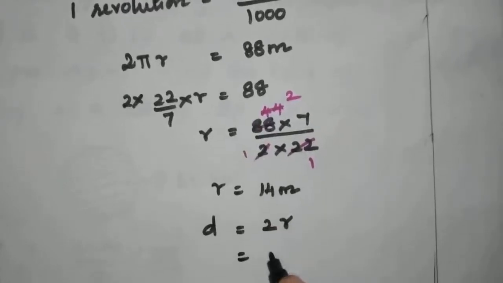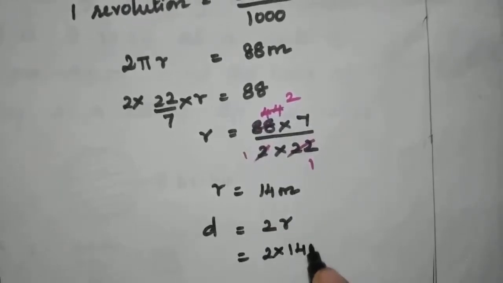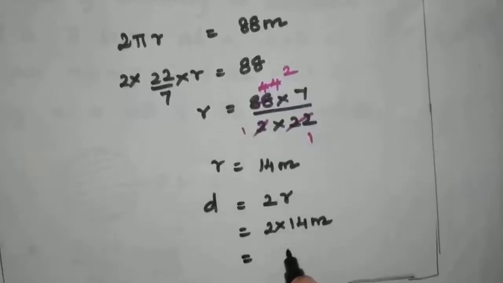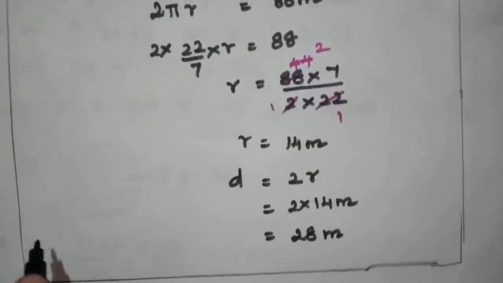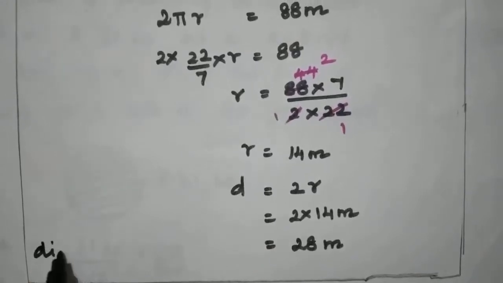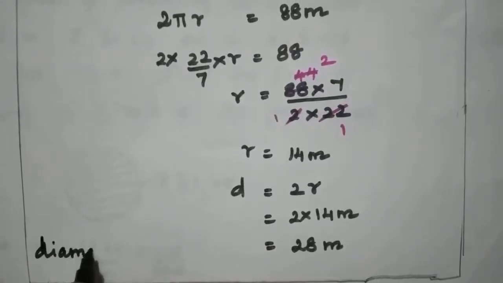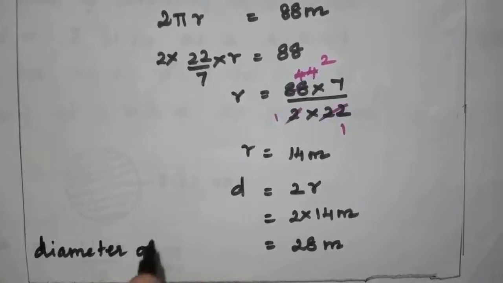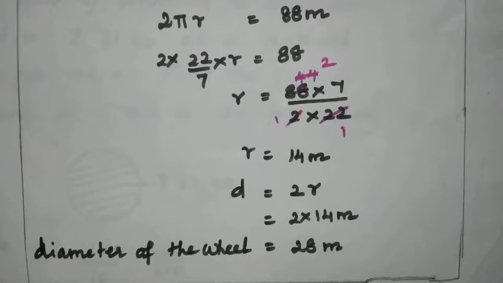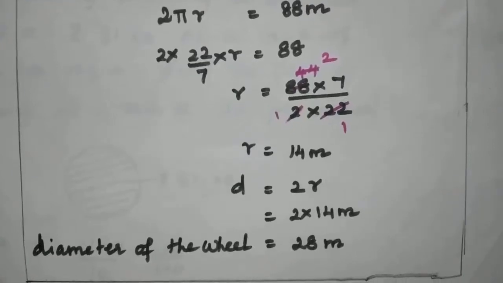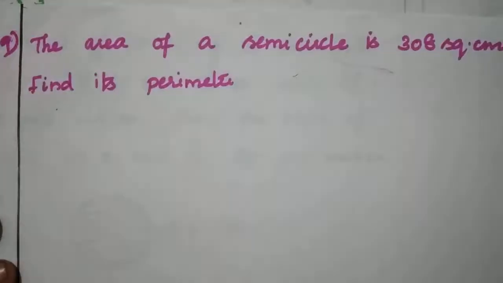It is equal to 2 into 14 meter. So what's the value of 2 into 14? It's 28 meter. So the diameter of the wheel is 28 meter. Is it clear, children? Yes.